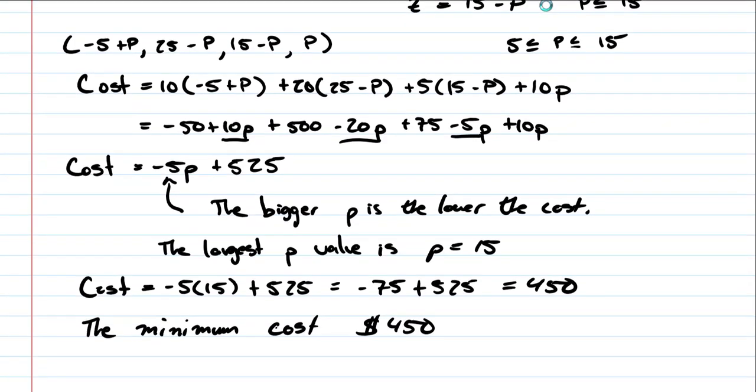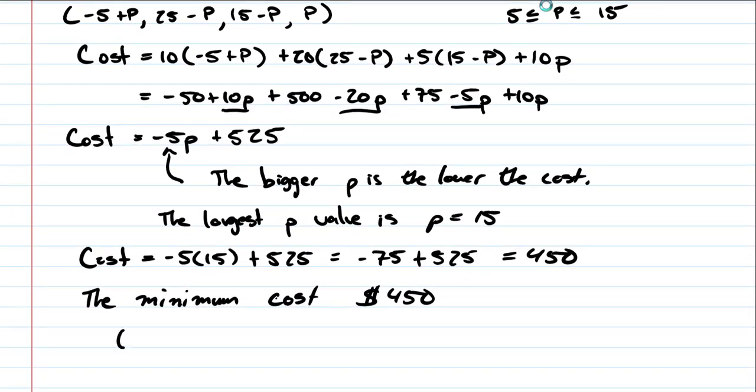Well, if we use our solution here, it's going to be negative 5 plus p, so negative 5 plus 15, comma, 25 minus 15, and 15 minus 15, and 15.